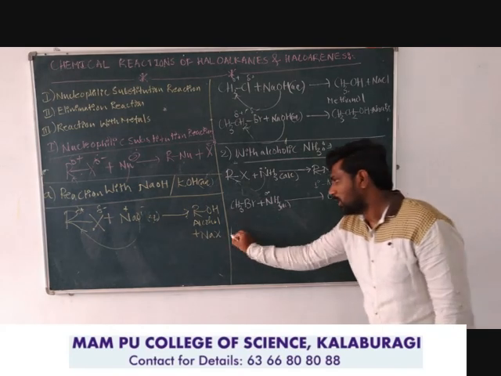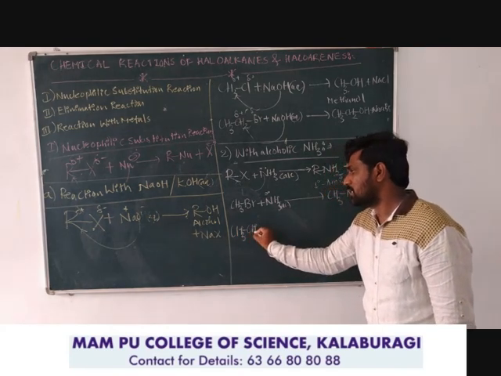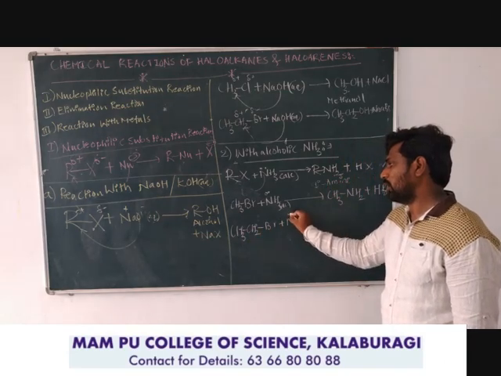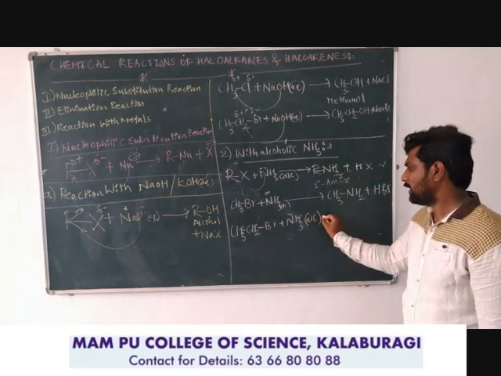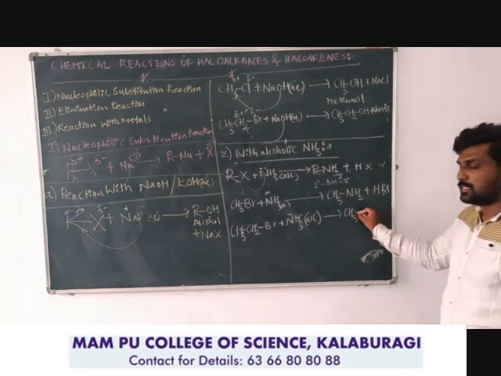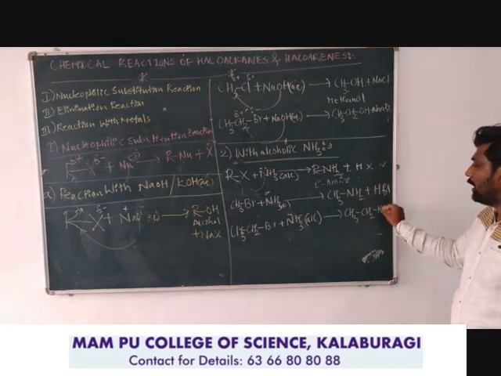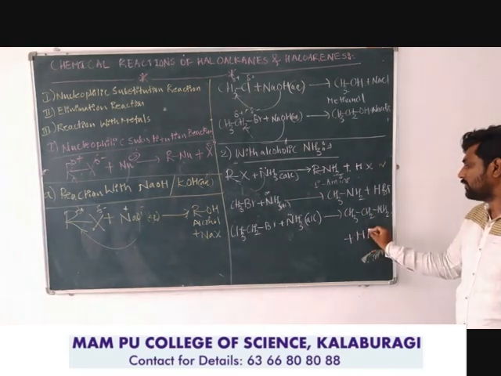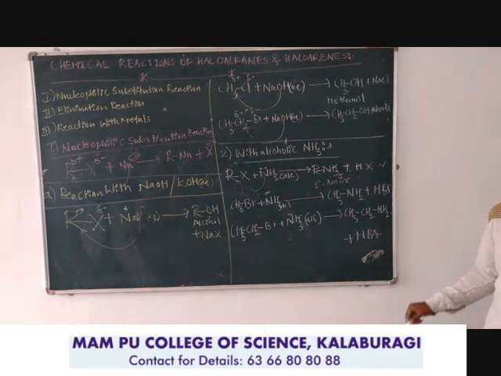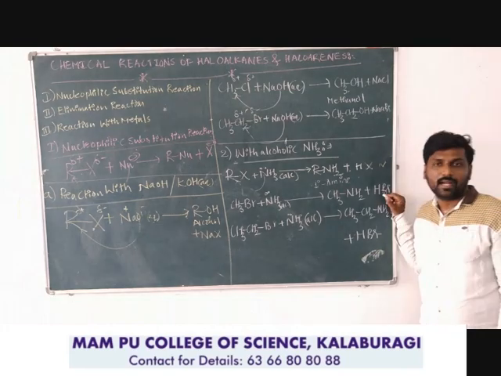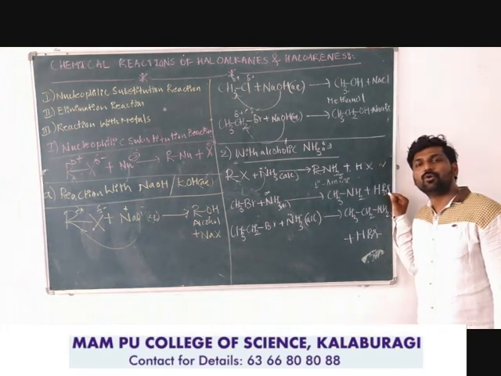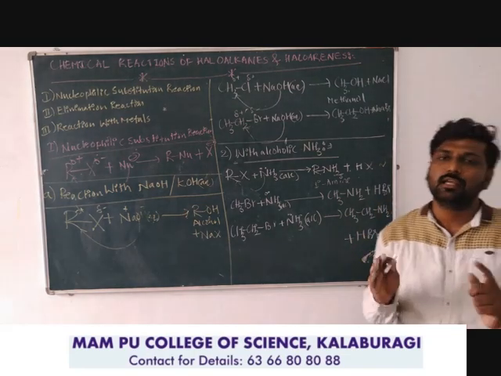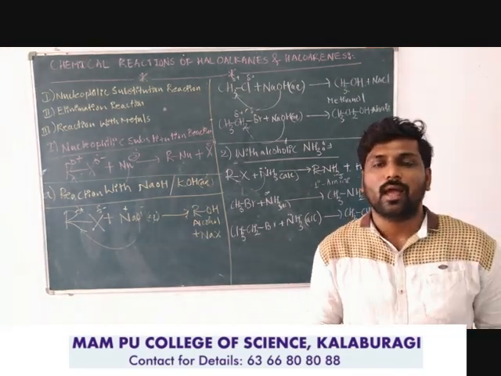If I take CH3CH2Br plus alcoholic ammonia, I am getting CH3CH2NH2, that is ethylamine, and the byproduct is again HBr. If you take a propyl halide, isopropyl halide, tertiary butyl bromide, any haloalkane, and heat it with the alcoholic ammonia, it gives the major product as alkyl amine.